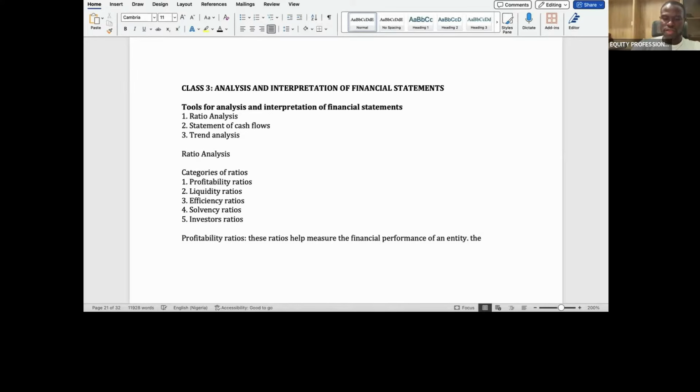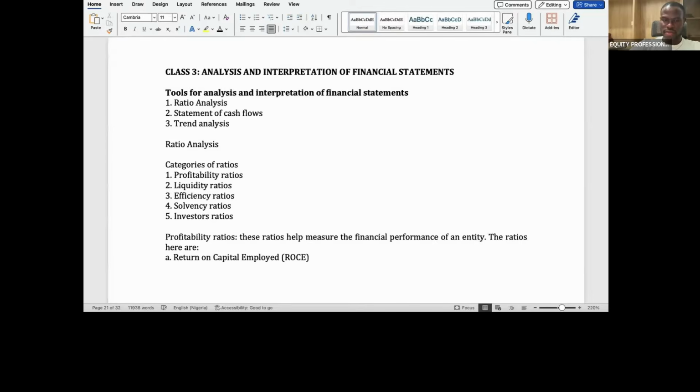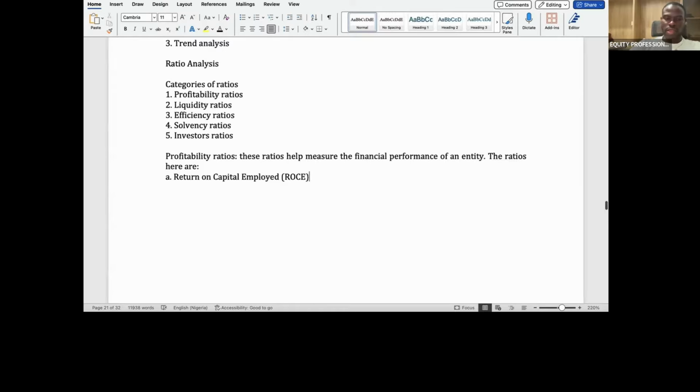So underneath profitability ratios, the most important profitability ratio is return on capital employed, that we can shorten as ROCE. The second one is your gross profit margin.